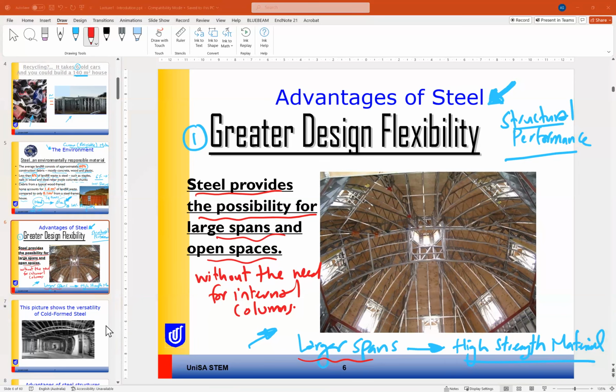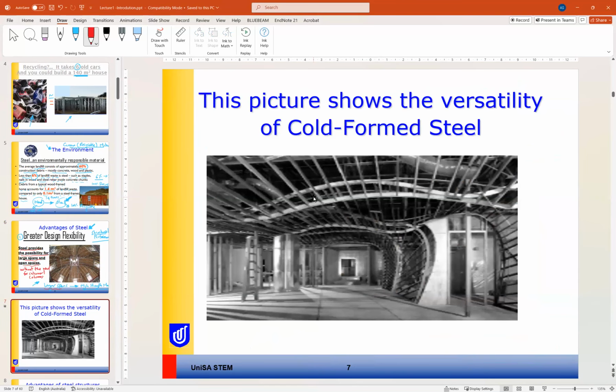Another advantage of steel is the versatility of cold formed steel. The cold formed steel, we can give it the abbreviation CFS. So CFS is cold formed steel.